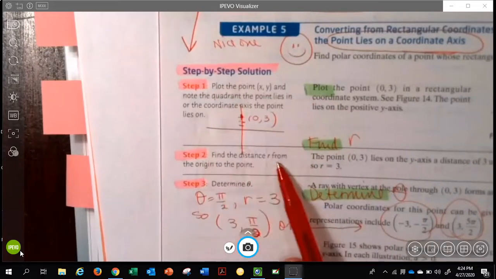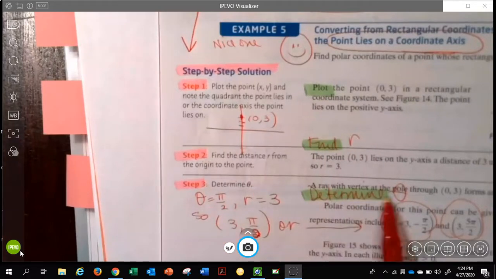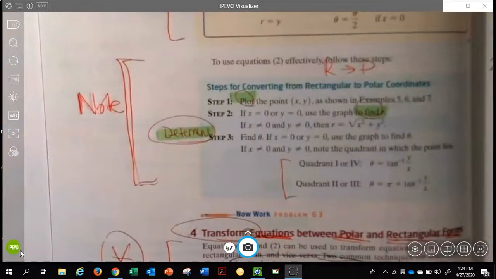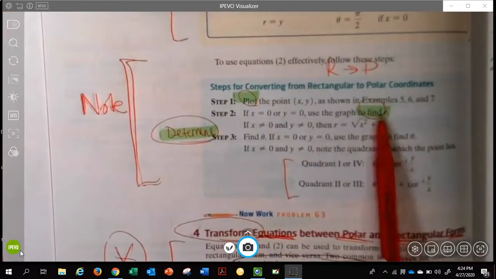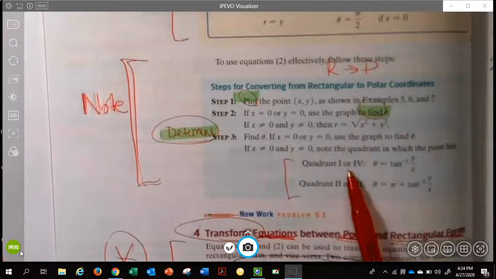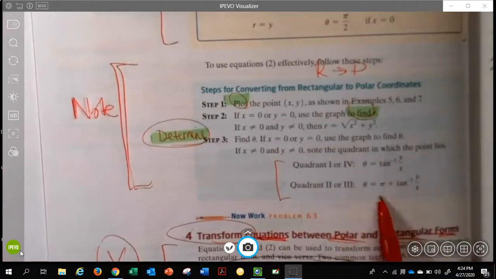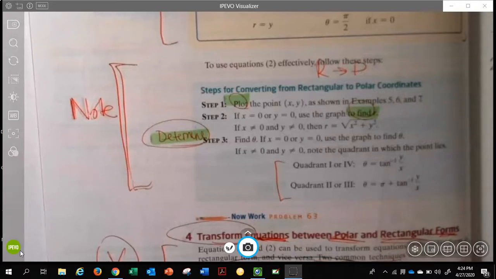And then we're going to find R, and then we'll determine our theta. So I just re-highlight that here on page 582, where we plot it, we find our R, and we determine our theta. But I think this is a good piece of information here about which quadrant and when you need to move it on around with an additional pi.